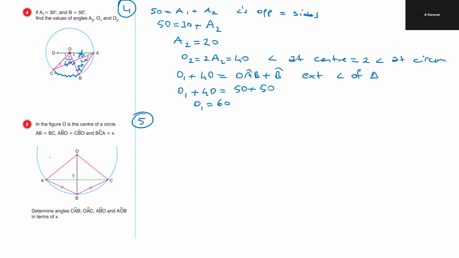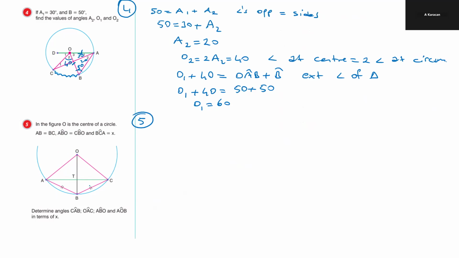Next question, question number 5. In the figure O is the center of a circle. AB is equal to BC, ABO is equal to CBO, and BCA is equal to X. Determine the angles CAB.